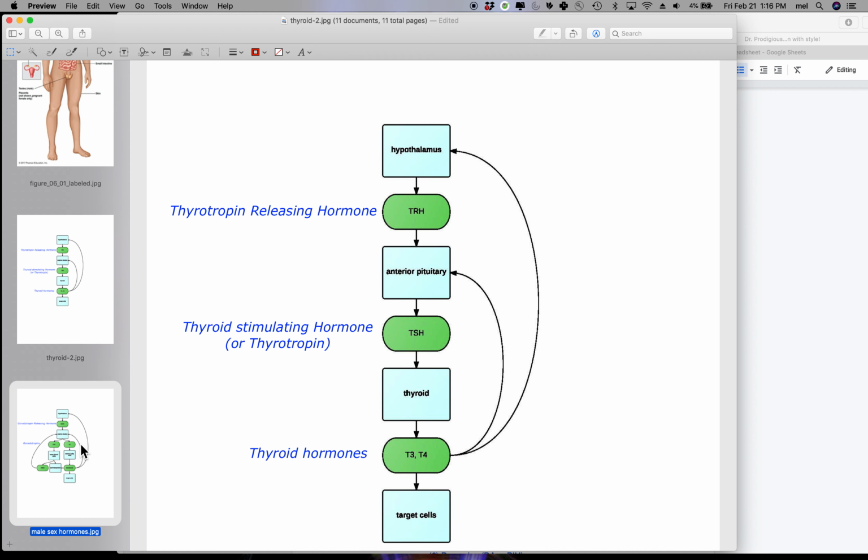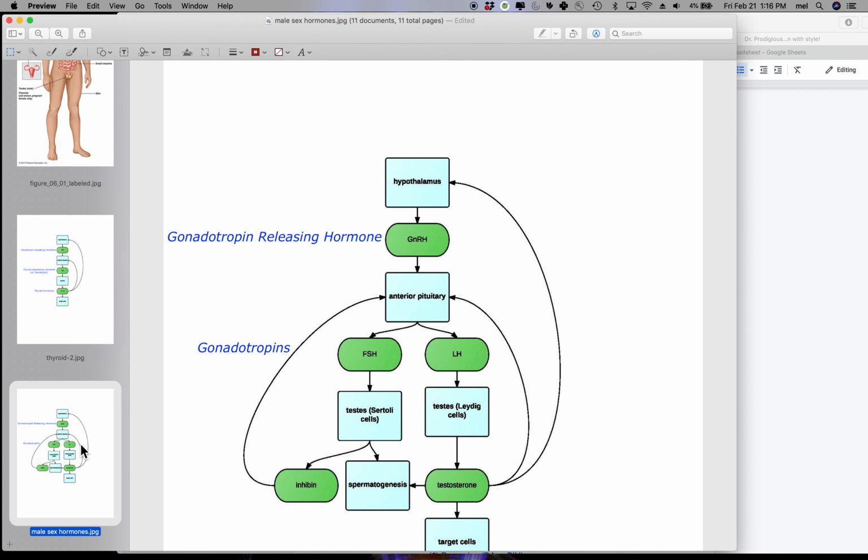Let's do another example. Okay, so this one right here. So it's a complicated feedback loop. We will learn it. It's not as hard as it looks initially. There's a lot more detail than you need in here. But the first thing that I want to show you is this is a hormone that comes from the hypothalamus, and it's headed to the anterior pituitary. It's called GnRH.